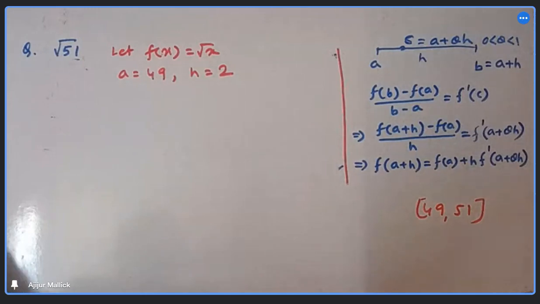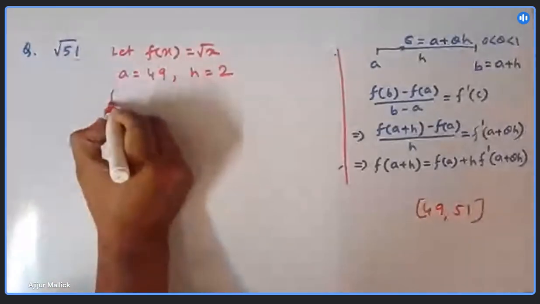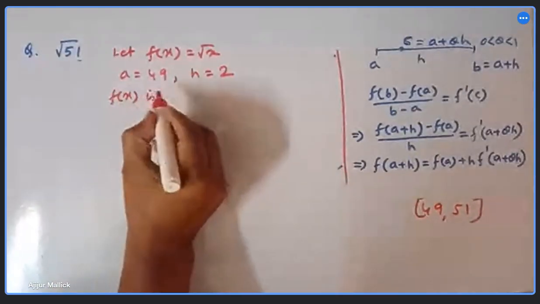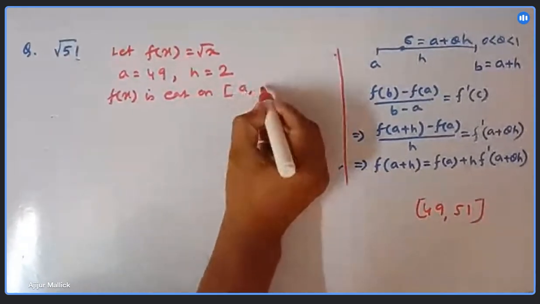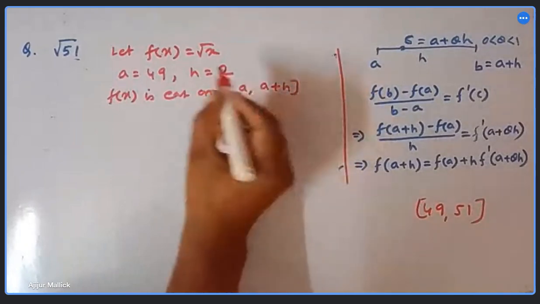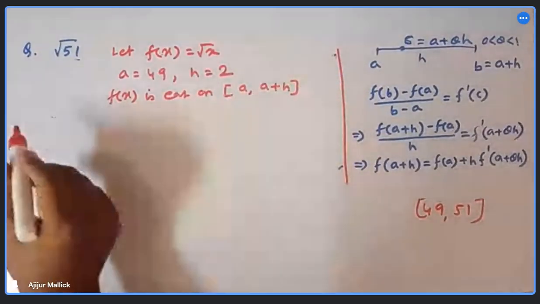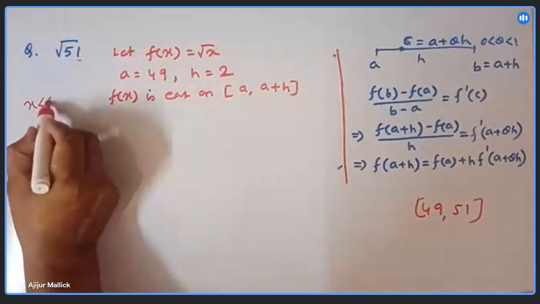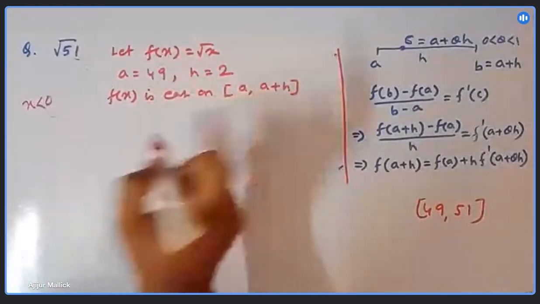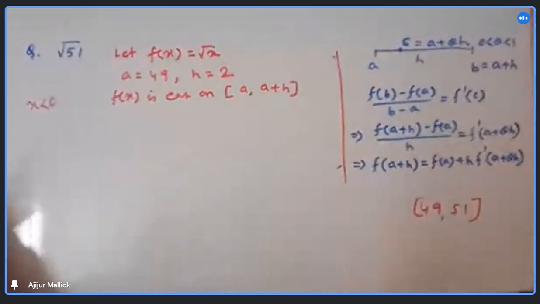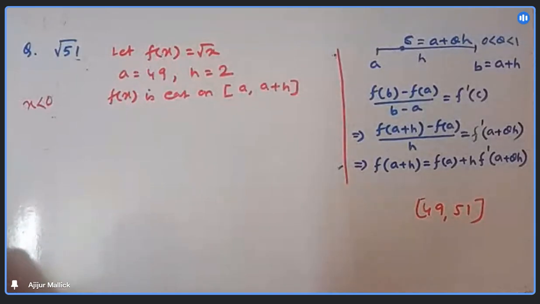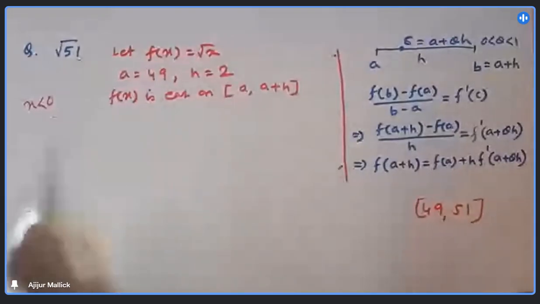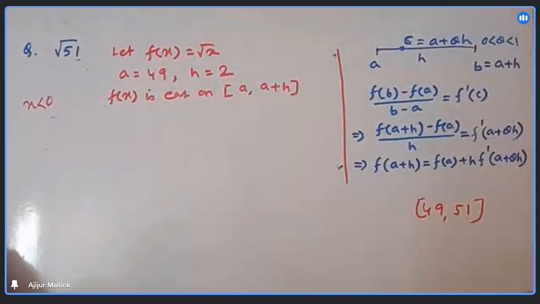Write, f(x) is continuous on the closed interval [a, a plus h]. Here f(x) will not be continuous when x is less than 0, but in this interval there is no possibility of x being less than 0. So f(x) is continuous on the closed interval [a, a plus h].